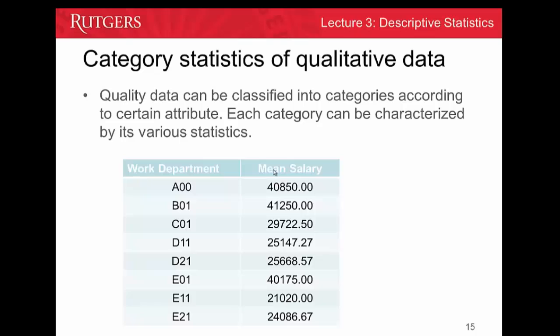For example, we could summarize the salaries for all the employees according to the work department. Then we can see, for each work department, what the average salary of the employees is. Here is just an example of the average salary for each work department.